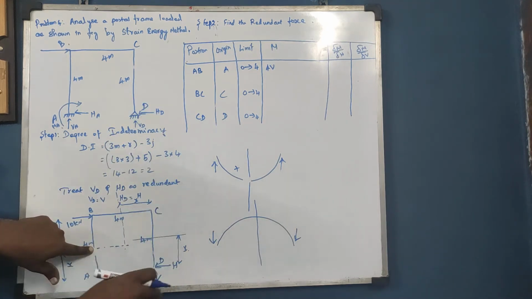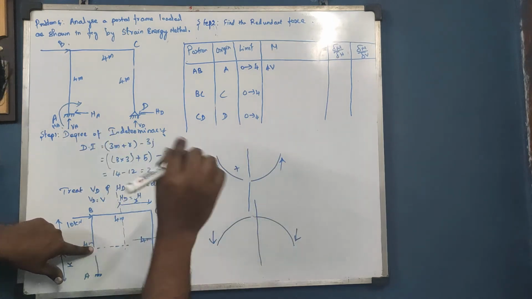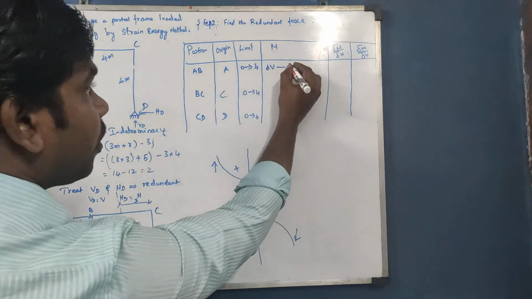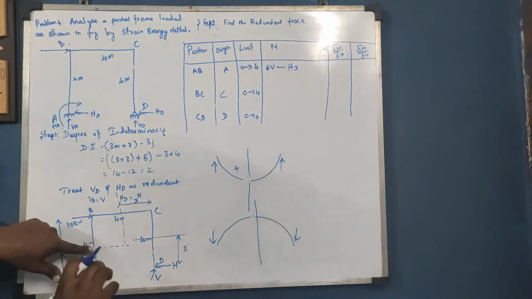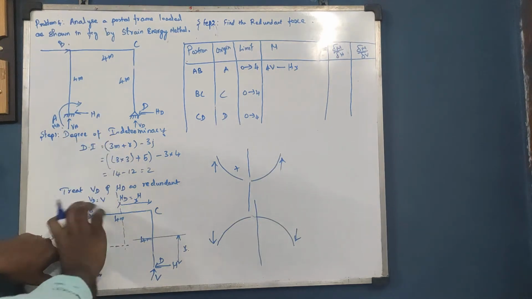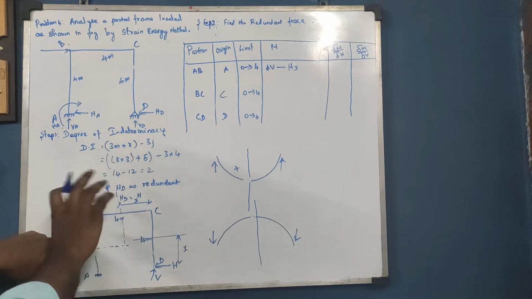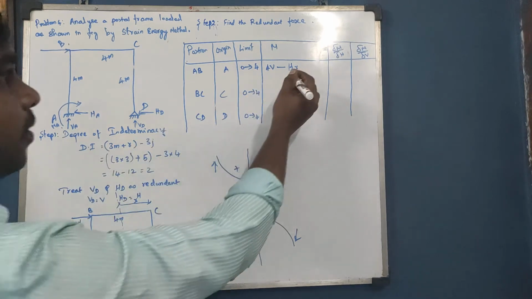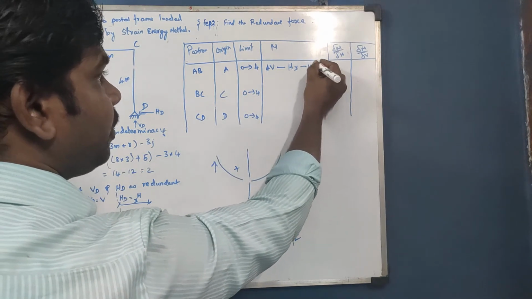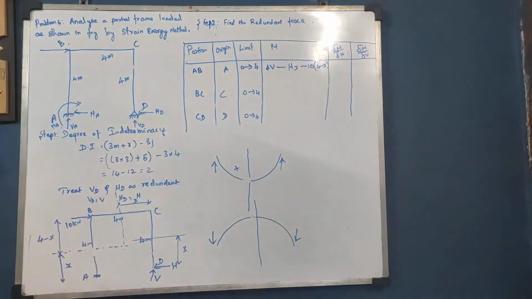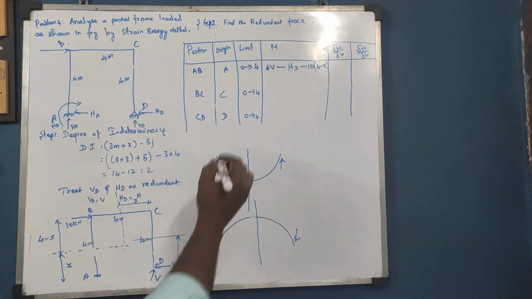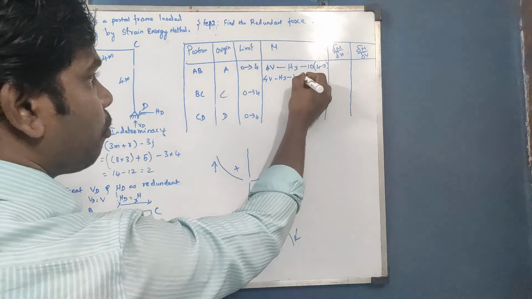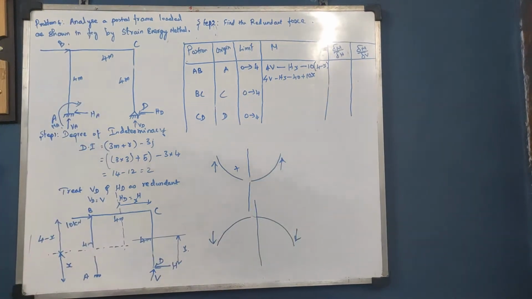So minus the height into X, minus HX. And the 10 load is right side clockwise, so minus 10 into the distance 4 minus X. Therefore we have 4V minus HX minus 40 plus 10X.